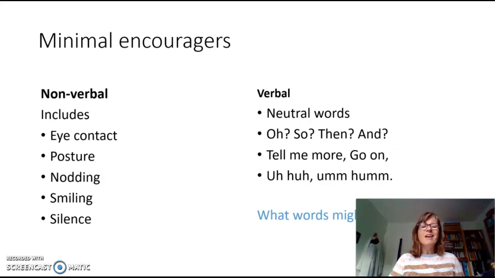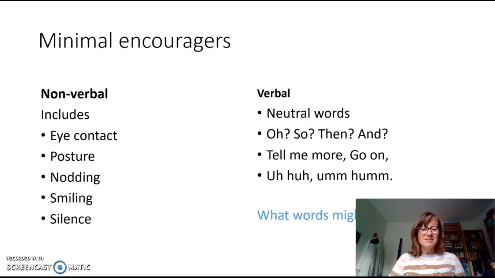So we might say, yeah, okay, right. But yeah, okay, and right are all suggesting agreement. And we tend to use them without thinking. But is it right to agree with everything that the patient says? I suggest it isn't.